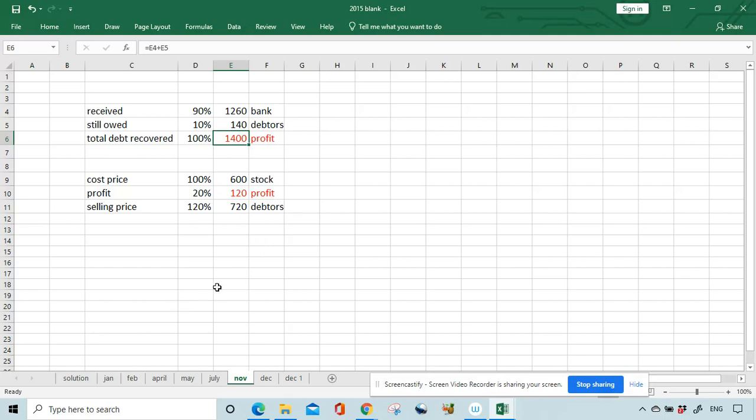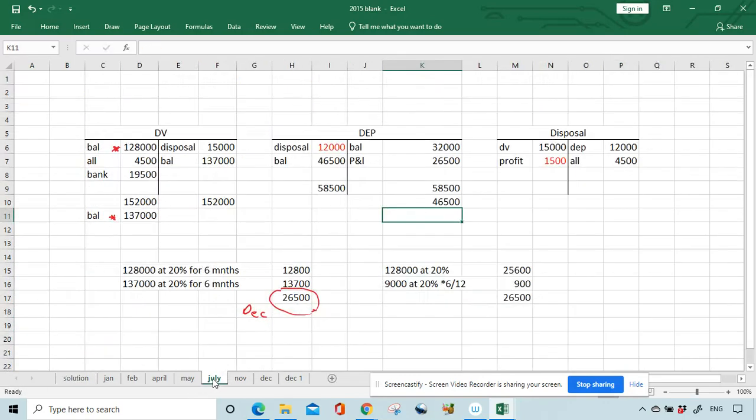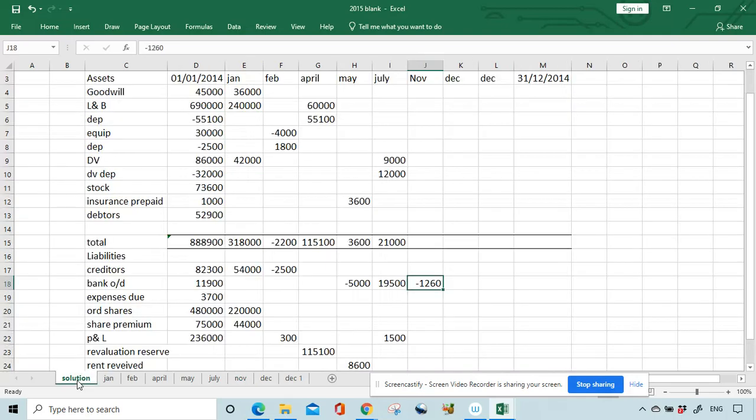So if I go to my solution, I'm going to have bank 1260 received, so my overdraft is going to go down by 1260. So my bank overdraft down by 1260. I'm going to have debtors of 140 here, but also 720 here, so that is 860 debtors.